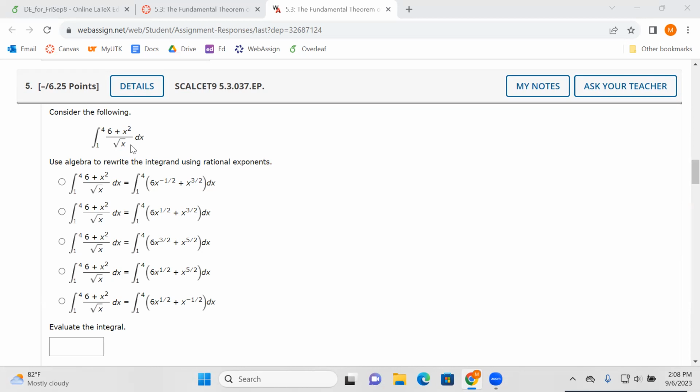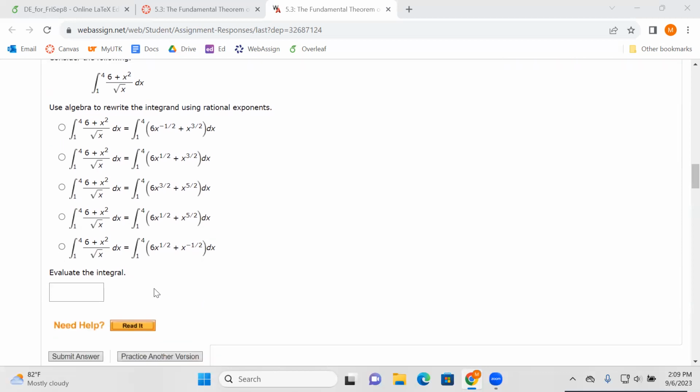Well, perhaps the best way to proceed is just to take that x to the 1/2 that's downstairs and divide it by each of the things upstairs. That way you can get rid of the denominator completely. The 6 will have a power x to the -1/2. Take 1/2 away from 2 and you'll get 3/2 for that power. So hey, now you would boil down to something that would just be sort of polynomial-like. And then the evaluation, of course, would be an application of the second fundamental theorem.